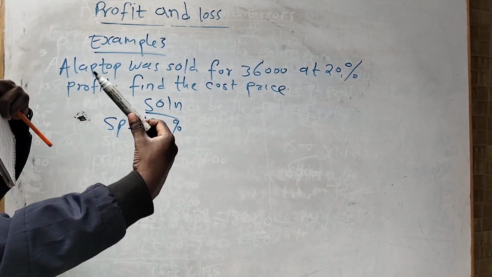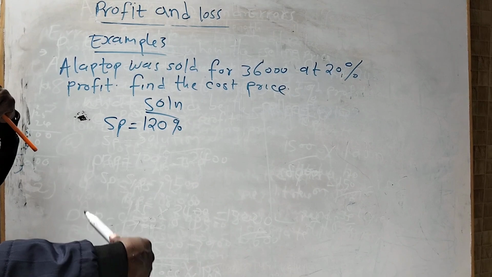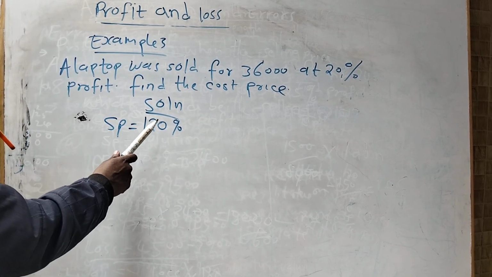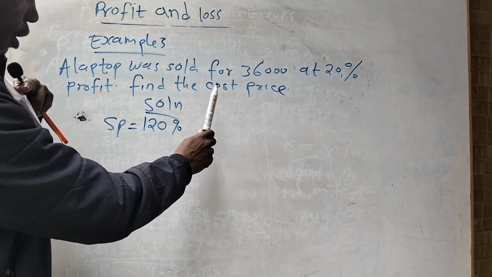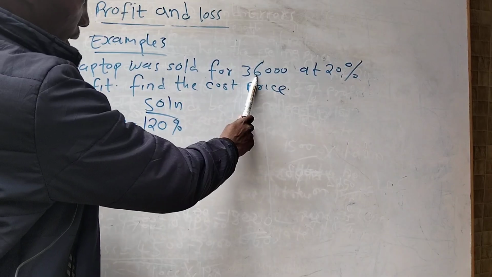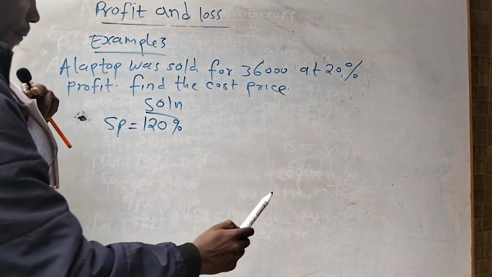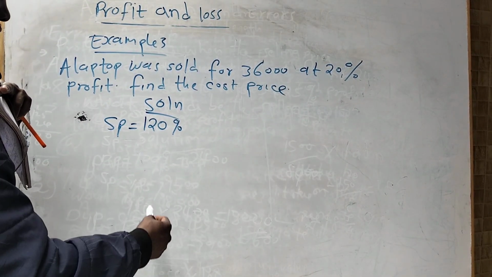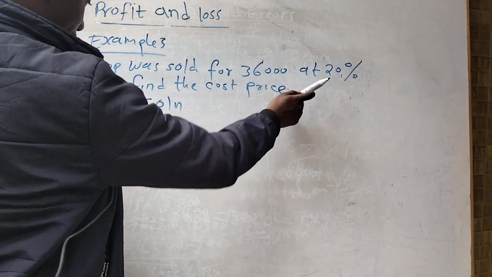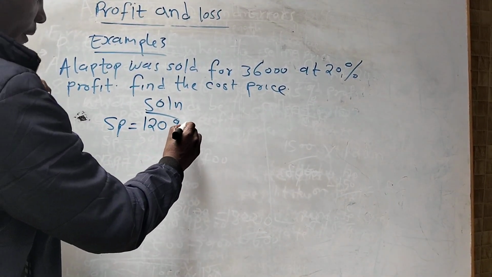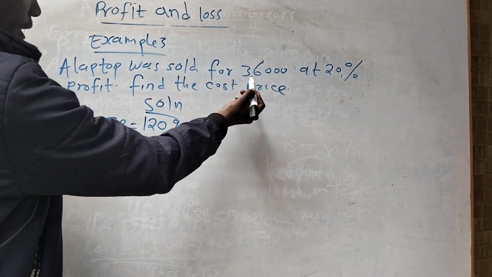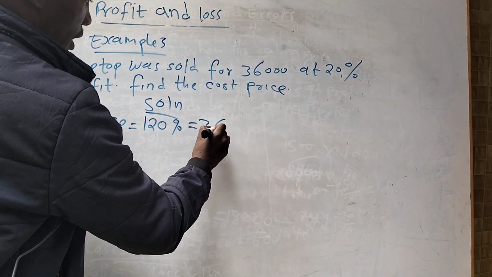The buying price was 100%, but when they sold at this, they made a profit of 20%. So what is the extra percentage? It is 100% plus this 20%. We have 120%. So 120% is equals to that 6,000.